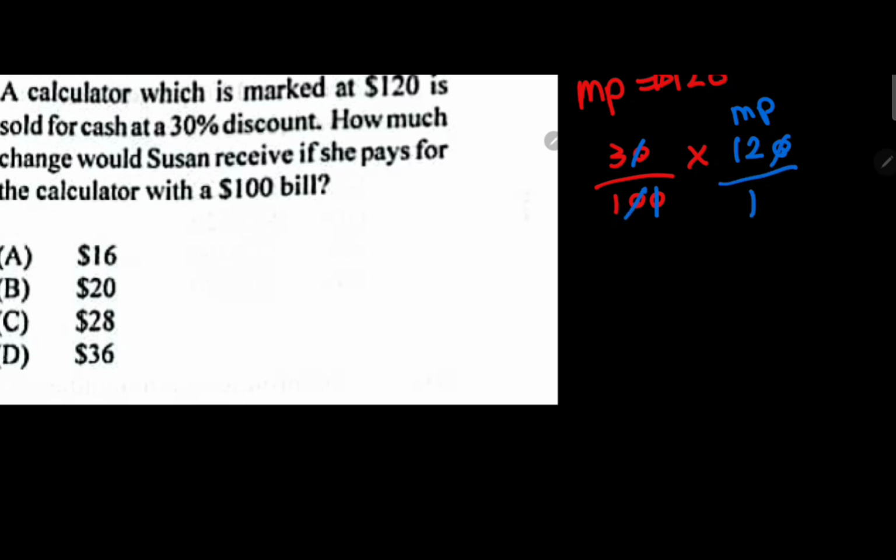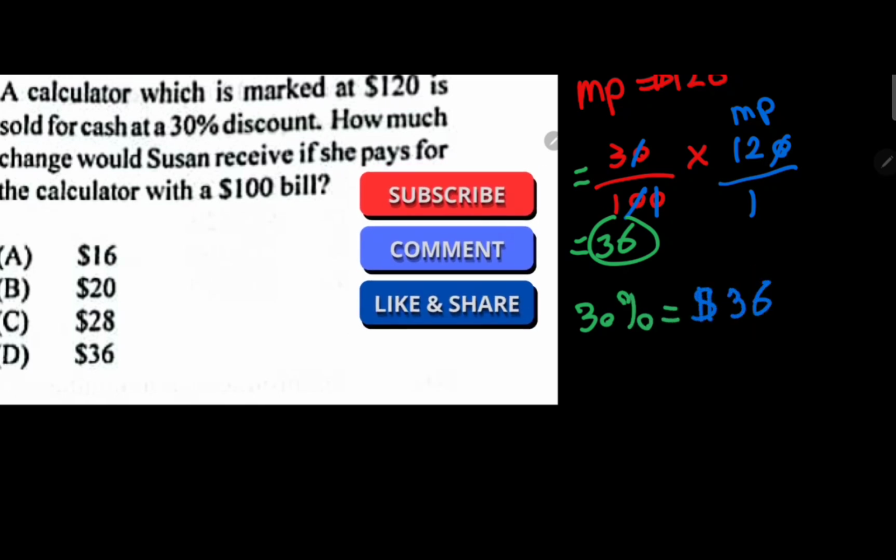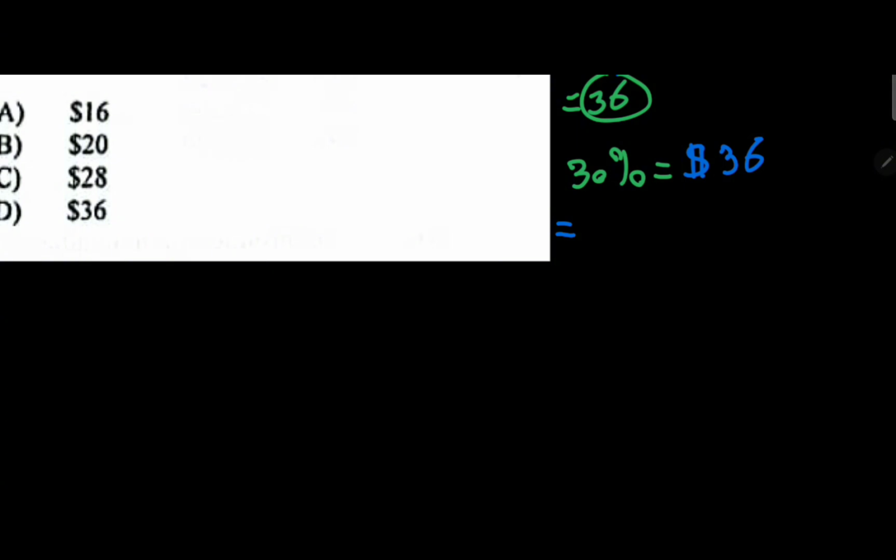Cross out here. So that's going to be 3 multiplied by 12, that is 36. So the 30% discount is equivalent to $36. Since the 30% discount equals $36, therefore the sale price will be the marked price minus the cash discount, which is the $36.